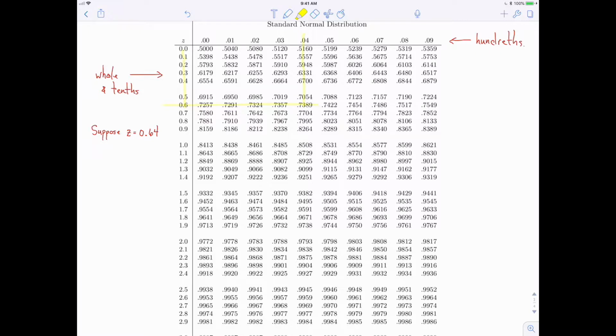So let's do this with the problem at hand. The problem at hand says 1.50. So here's 1.5. There's my 1.5 row. It goes all the way to the right. And then 0.00, well, that's this first column. So right here is my answer, 0.9332. So let's go back down here.